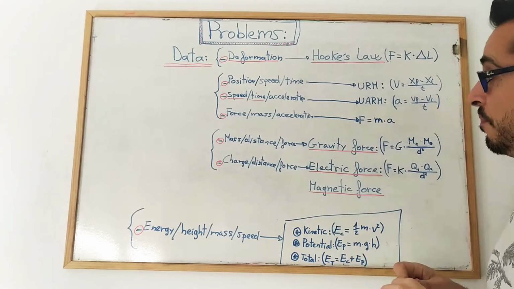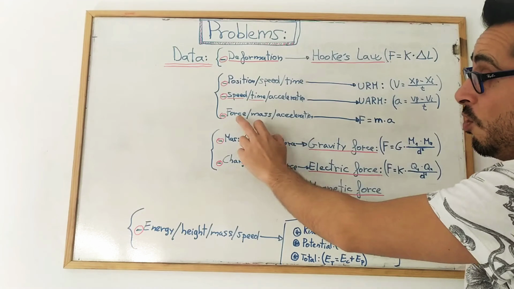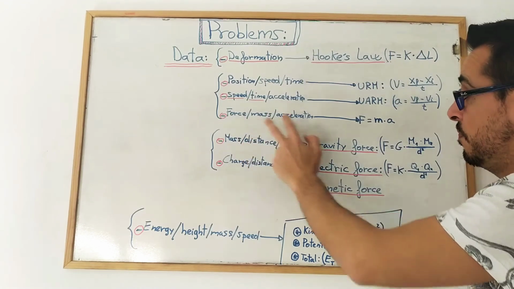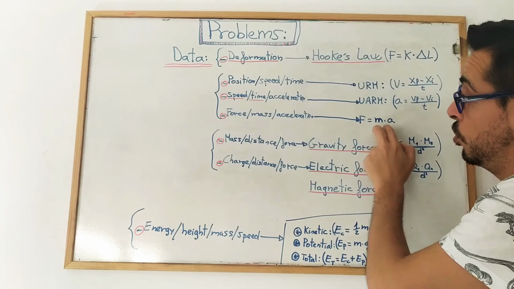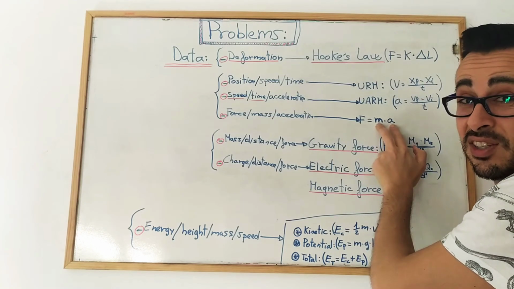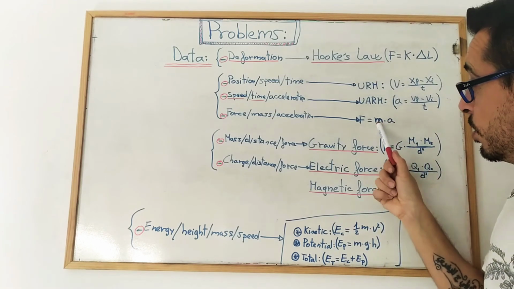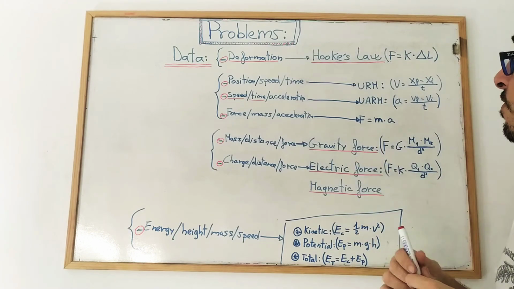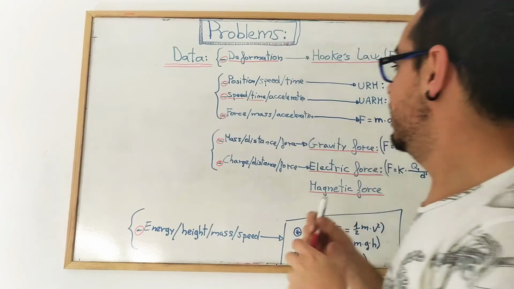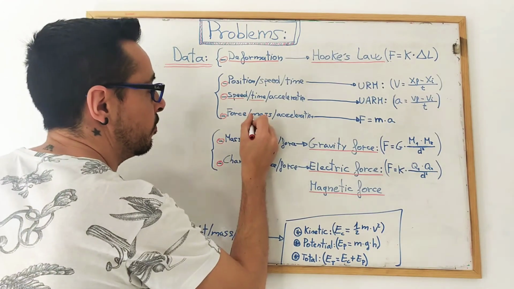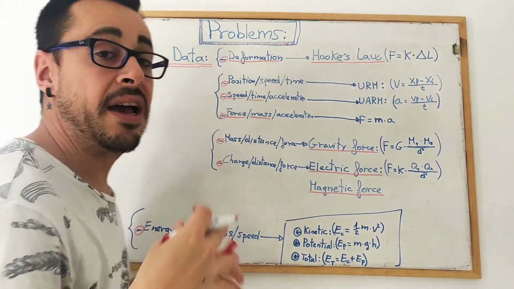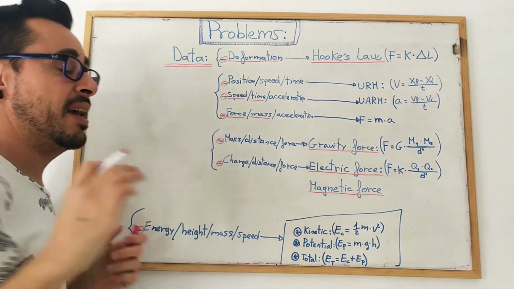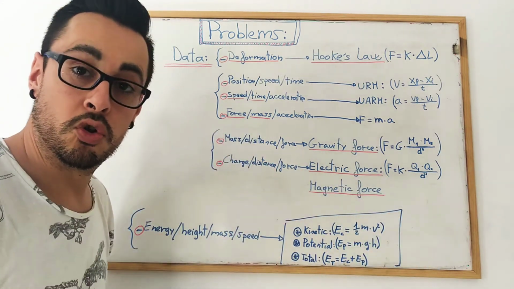If the data is the mass or the force, take this into account. If the problem gives you the force or the mass or the acceleration, sometimes in these problems they give you the force and the mass of the object. For example, an object with a mass of 5 kilograms and we apply a force of 5 newtons.